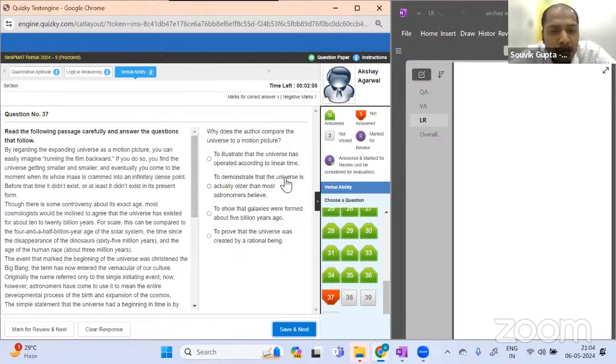Very clear here. The universe was formed by a rational being.